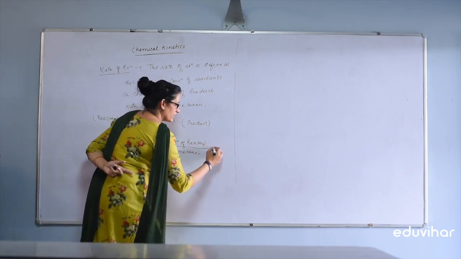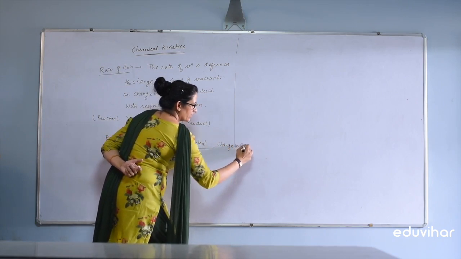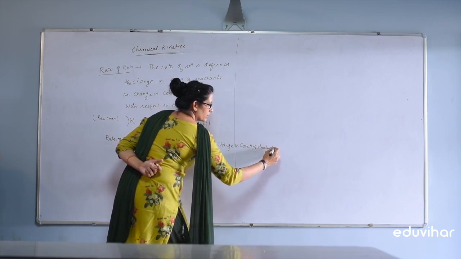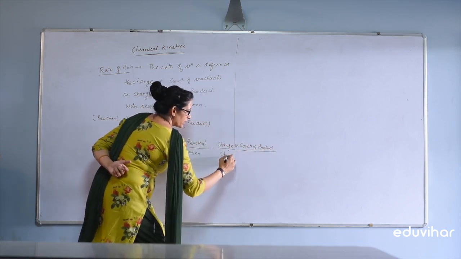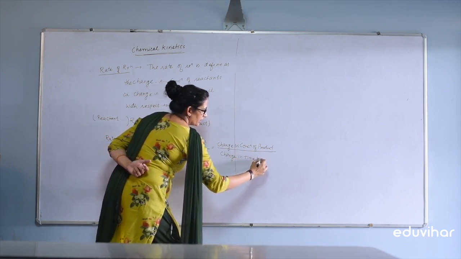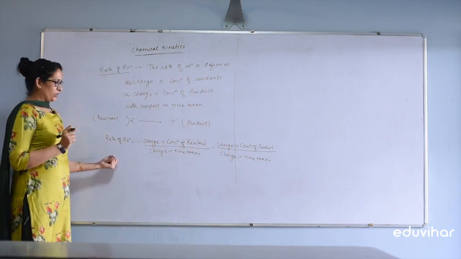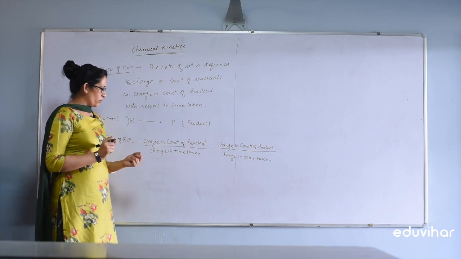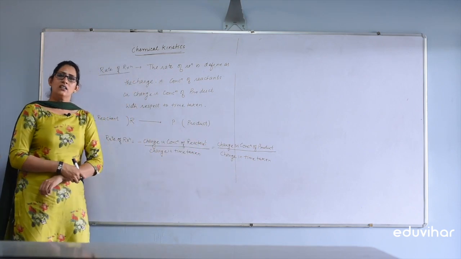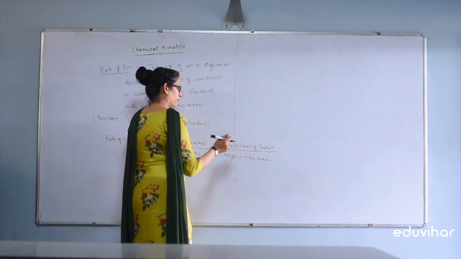Also this can be written as change in concentration of product divided by the change in time taken. Means the rate of reaction can be calculated in terms of change in concentration of reactant with change in time taken, or change in concentration of product with respect to the change in time taken.